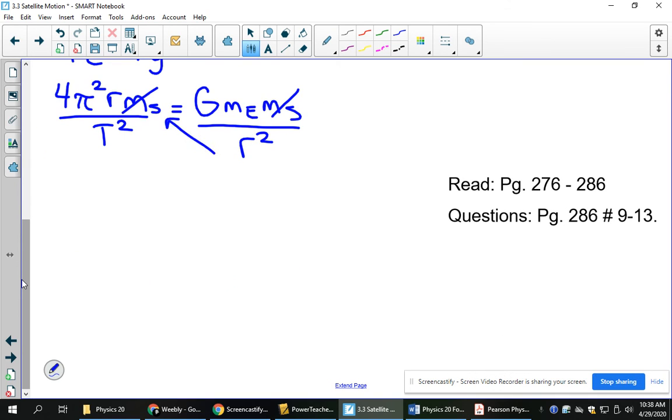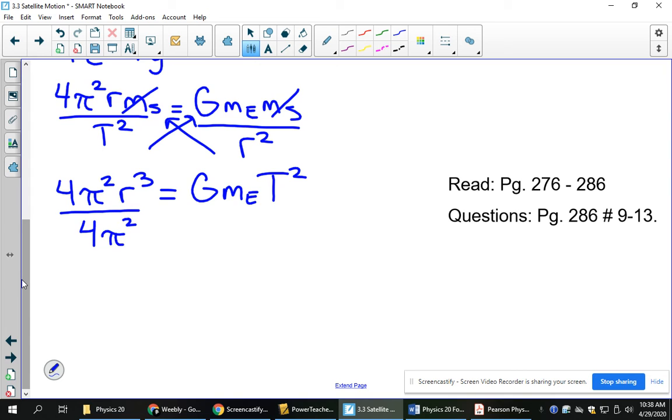I'm going to go ahead and I'm multiplying both things up, so we just have numerators. That's going to give me 4 pi squared r cubed equals g, mass of Earth, and t squared. Now that I've got just numerators, I can isolate the r's by dividing by 4 pi squared. Cancel, cancel.